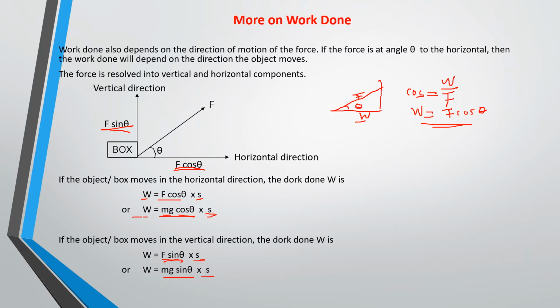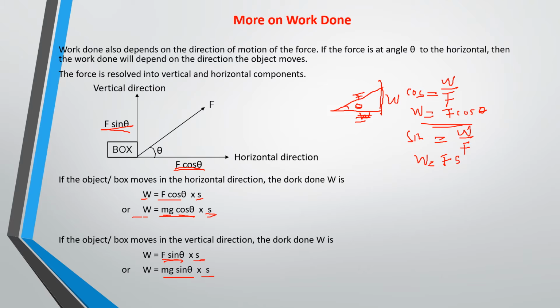Then for the vertical component, you put the work done on the vertical axis. We know that sine is equal to opposite over hypotenuse. So sine theta is equal to W all over F, same thing. So your W will now be equal to F sine theta.